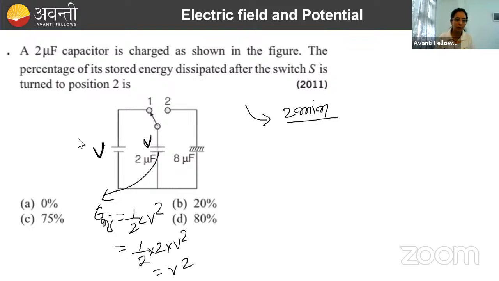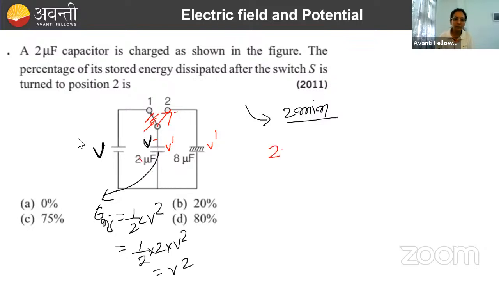Now finally, what is going to happen? The switch is moved and the battery gets disconnected. So this 2 microfarad capacitor is now charging the 8 microfarad capacitor. It will charge it until both have the same potential, and then no net flow of charge will happen, right? Suppose the final potential is V dash for both.